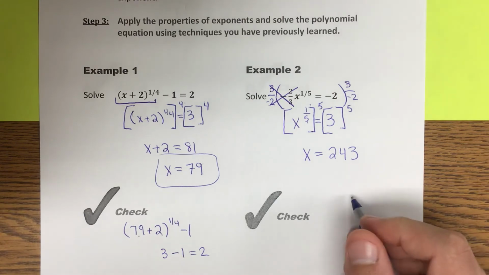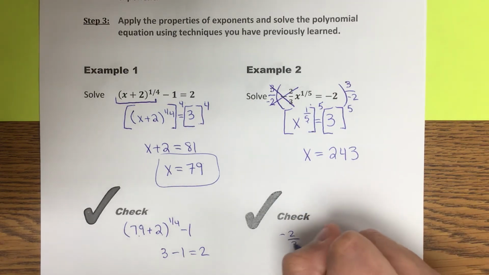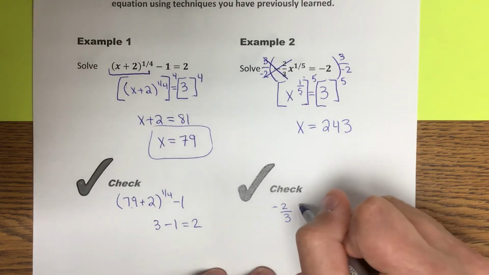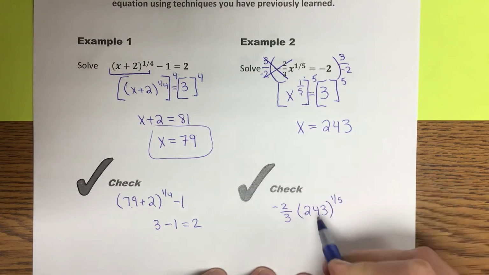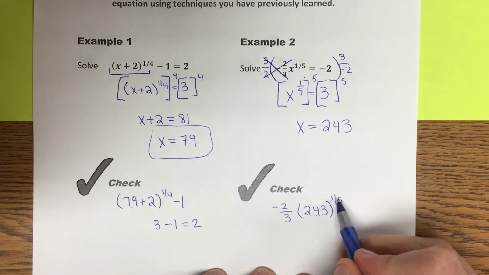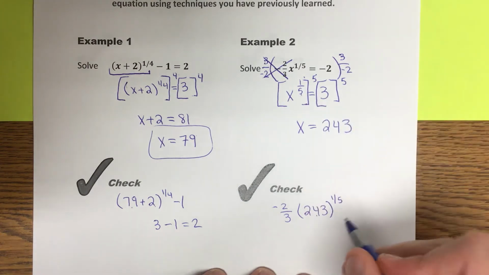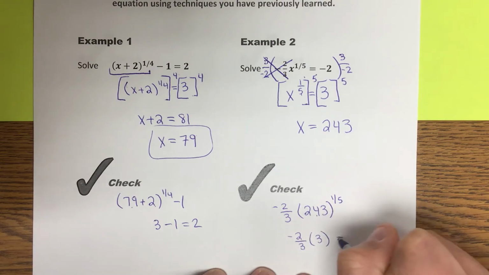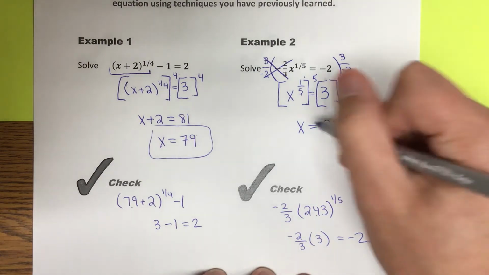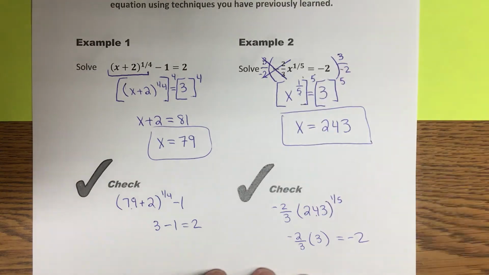And so, once again, you would just check this by plugging in that 243. We know that 243 raised to the 1/5 power is 3. And then -2/3 times 3 is -2. So it does check. So I've got 2 more here.